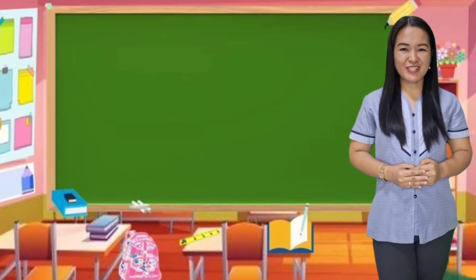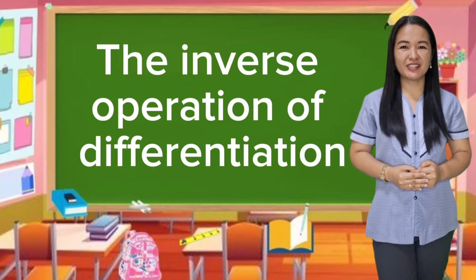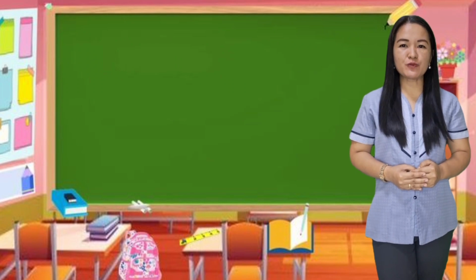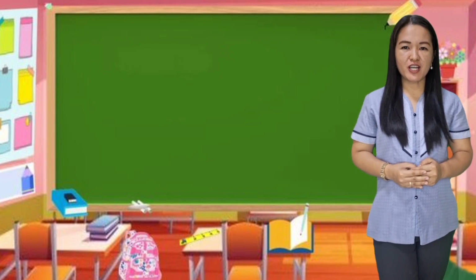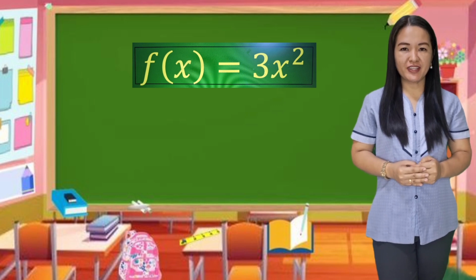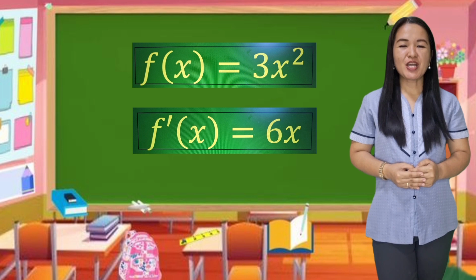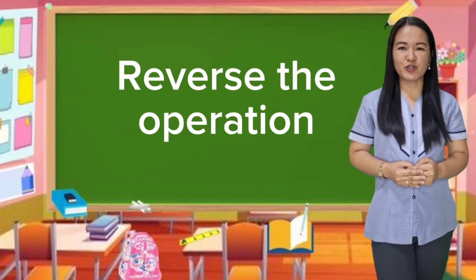In this video lesson, we shall study the inverse operation of differentiation. From the previous lessons, we learned that given the function f of x equals 3x squared, its derivative f prime of x equals 6x. Suppose we reverse the operation.